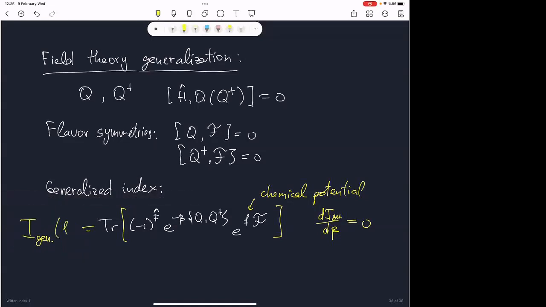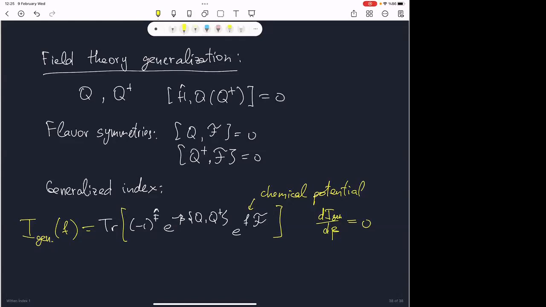If you just forget about the chemical potential, it's again the index. But if you have F, then of course it depends on F. Again, it doesn't depend on beta, but it depends on F. And if you have many symmetries, for instance flavor symmetries, then you have many Fs.